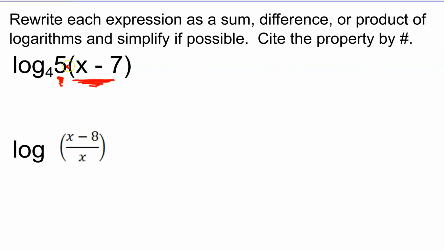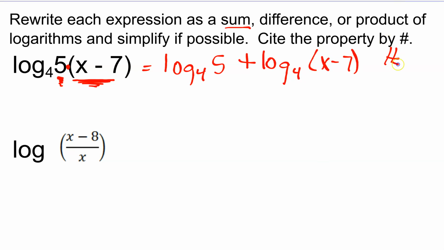And so when you're multiplying, you're going to change it to adding. To separate out into 2 logs, we want to put this one as a sum because we're multiplying. So this is going to be log base 4 of 5 plus log base 4 of x minus 7. And this is number 6 from the previous screen.